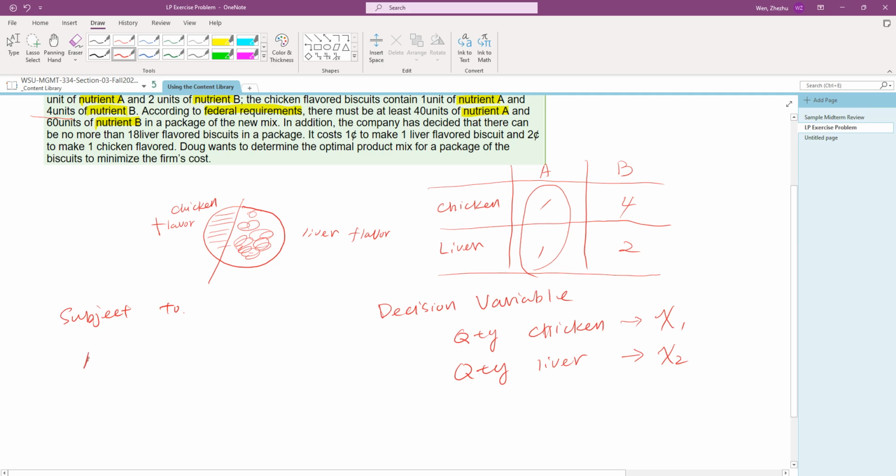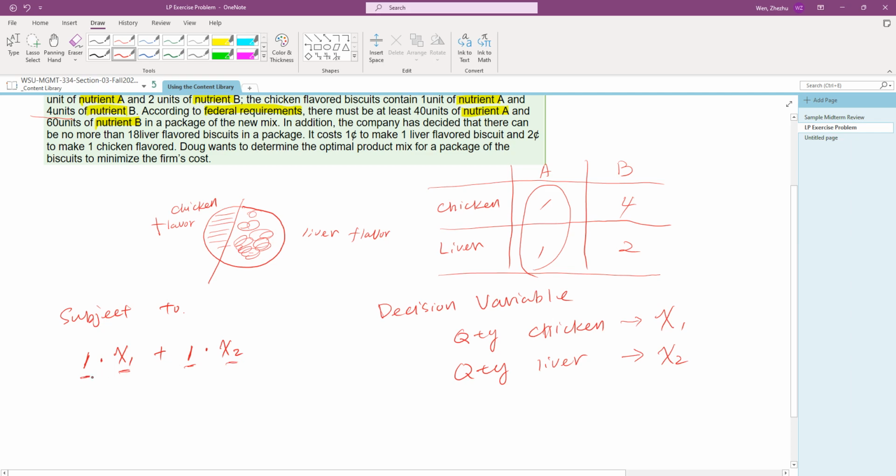You have 1 unit of nutrient A in each chicken biscuit, multiplied by the number of biscuits. 1 unit of nutrient A per biscuit multiplied by the number of biscuits.